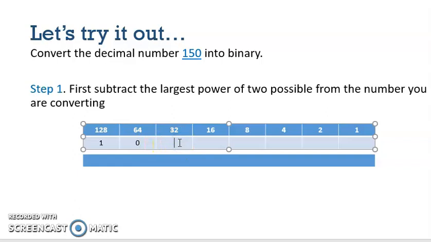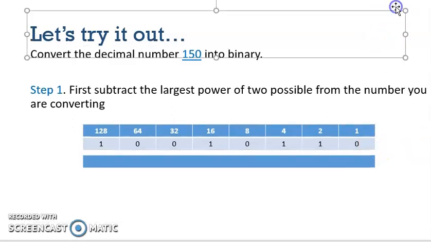Does 32 go into 22? No, because it's too big. 16, however, goes into 22, so we put a 1, and that gives us a remainder of 6. 8 is too big to go into 6, so we put a 0. However, 4 can go into 6, so we put a 1, giving us a remainder of 2. Therefore, we put a 1 in 2, and we don't have any remainder left.